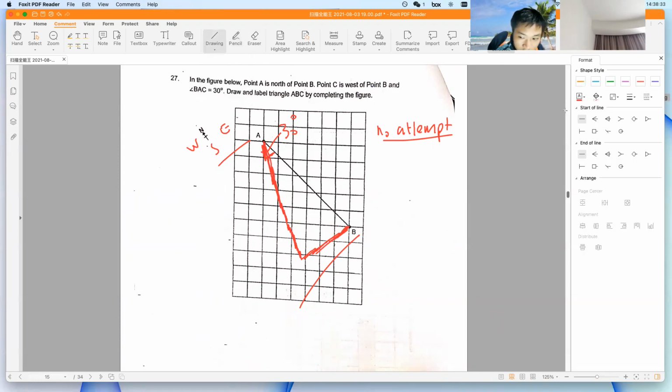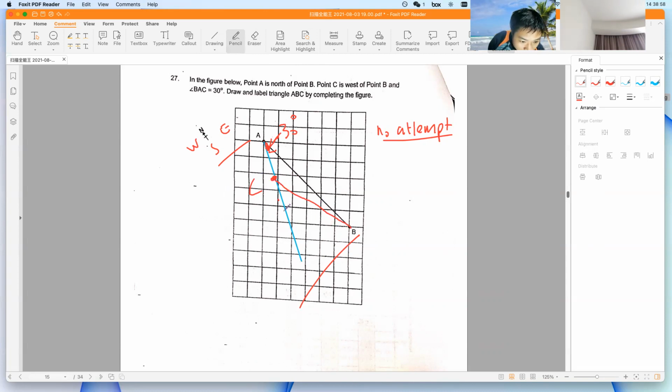Let me use a different color just to differentiate. Yeah, good. So let's say this is 30. You already found out this is 30. Use your projector. Any point will do. You put the C here also can.